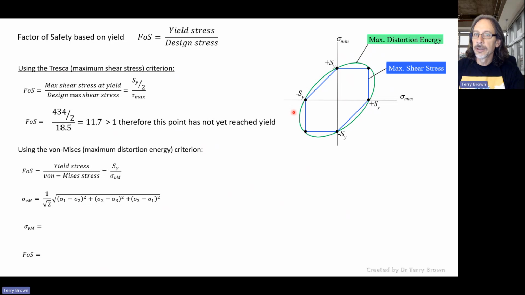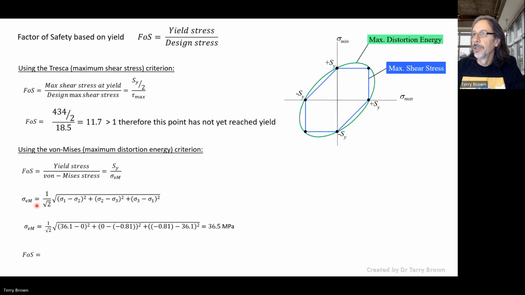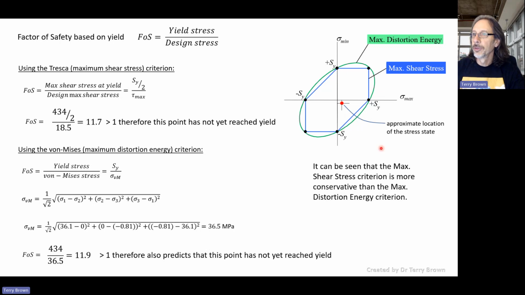Previously we had 36.1 positive for the maximum and 0.81 negative for the minimum. So that lands us about here. We're a long way inside the locus of failure for both criteria.